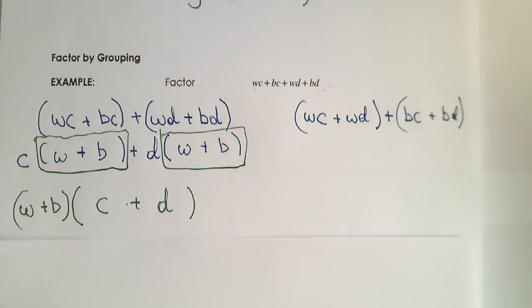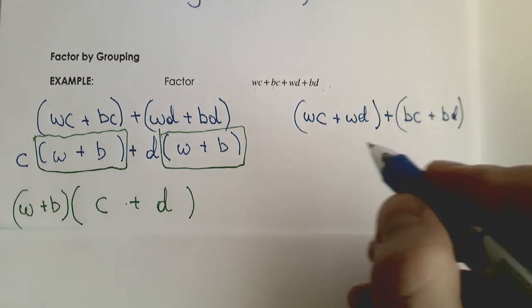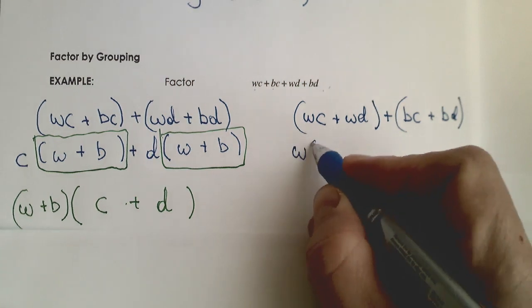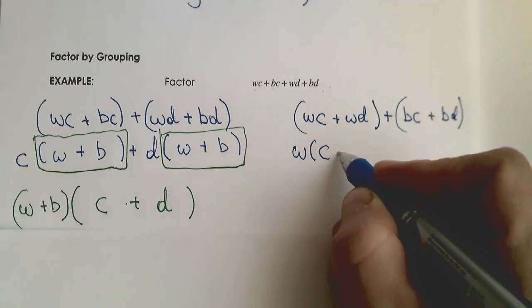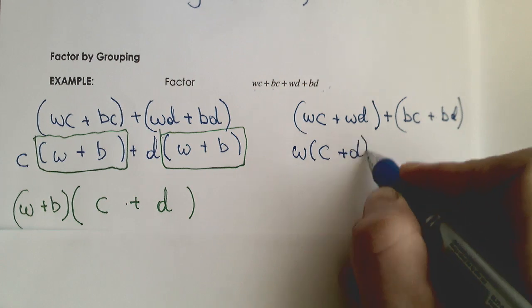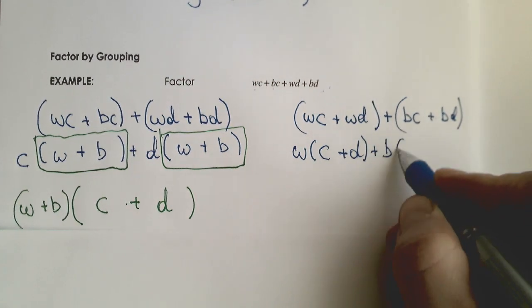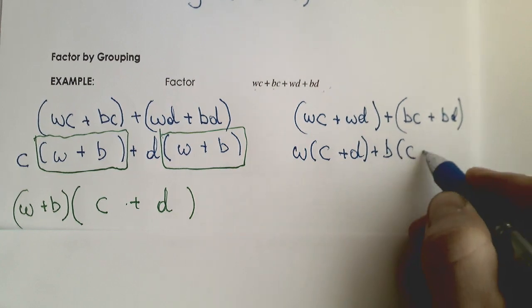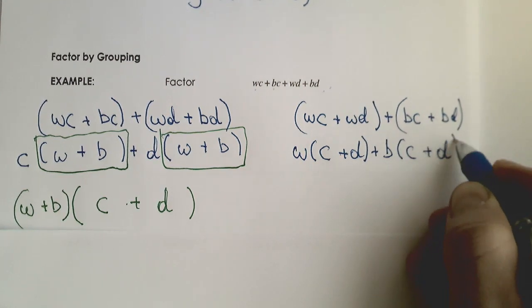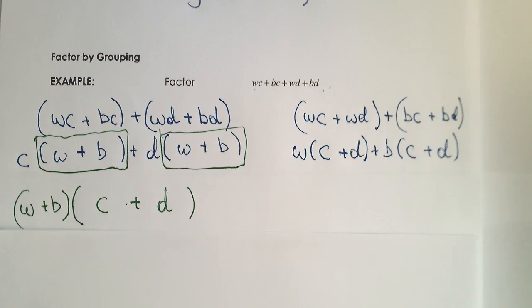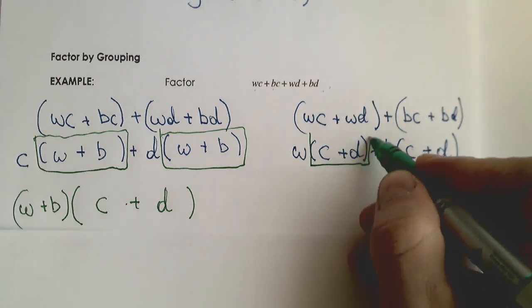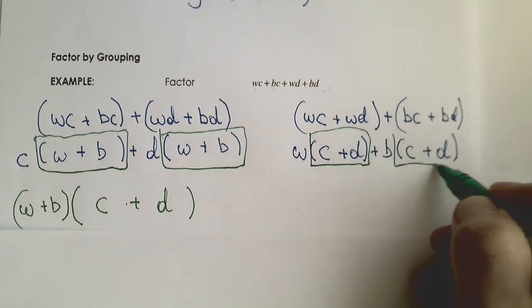And again, I will go through the same process. I will factor W here first, and I will end up with C plus D. Over here, I will factor B, which is in common, and I will end up with C plus D. Then I will notice that C plus D is in common to both of these terms.